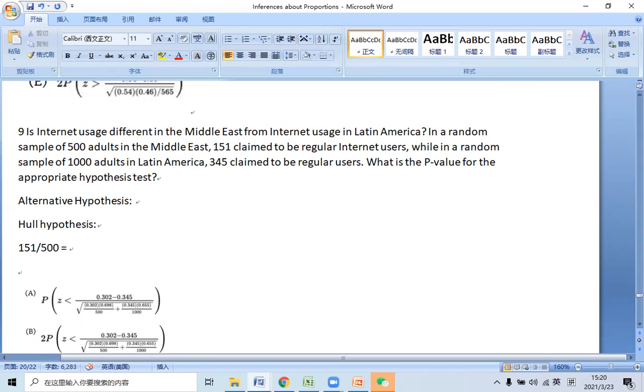Look at the probability: 151 over 500 is 0.302. What about Latin America? 345 out of 1,000. That is 0.345.